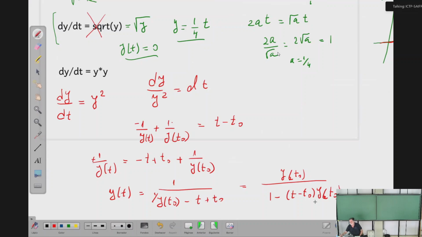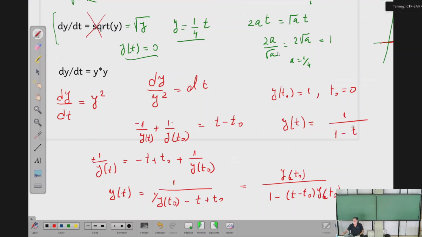But notice the following. Suppose you take, say, t0 equal to 0, and you take y of t0 positive, say equal to 1, just to get one solution. And the solution y of t, in that case, is 1 over 1 minus t.